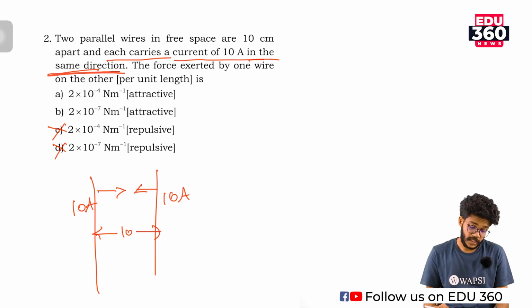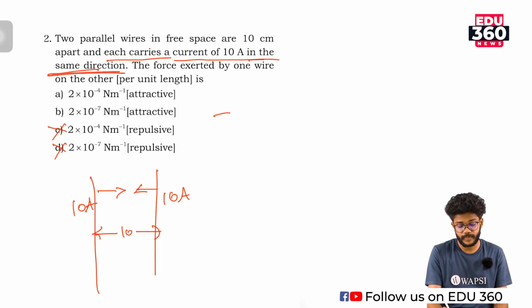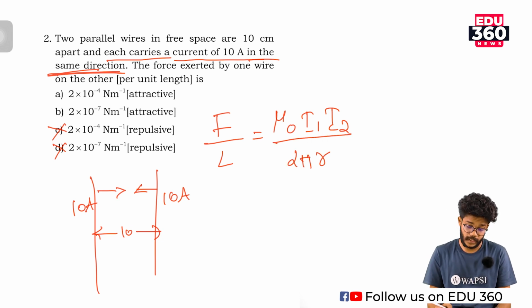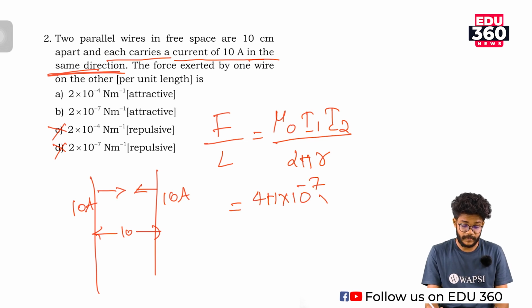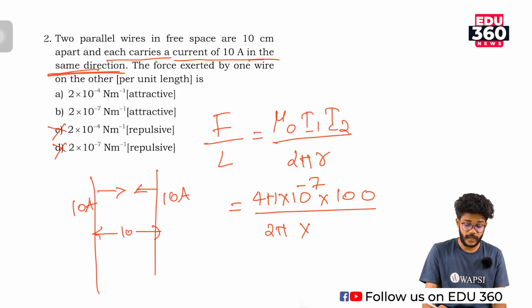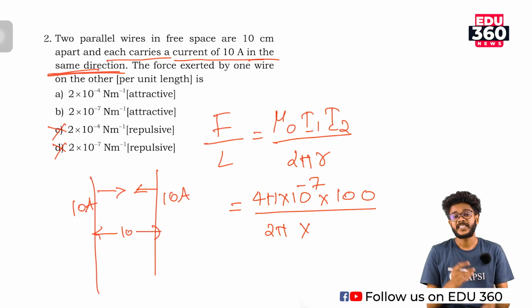Then we want to find the magnitude of the force. Force per unit length is given by the equation mu 0 I1 I2 all divided by 2 pi r. So mu 0 is 4 pi into 10 raised to minus 7, multiplied by the current I1, which is 10, and I2 is 10. So 100 divided by 2 pi into r. The distance is 10 centimeter, which changed to the standard unit is 0.1 meter.